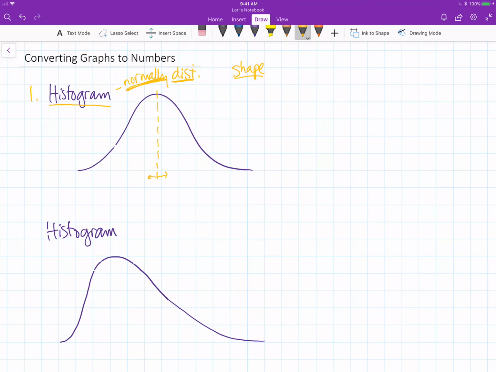The other two features of it are defined by location and spread. The location is the mean, or where it is centered. What is that location in the middle? And the spread is typically expressed as standard deviation.